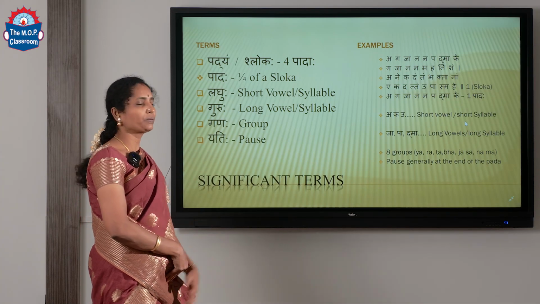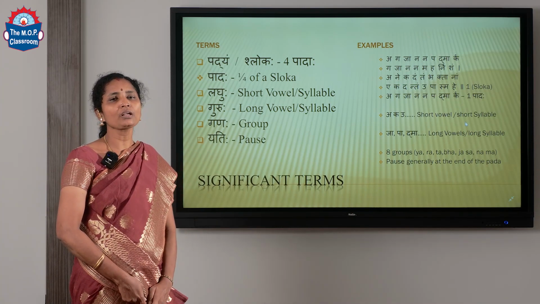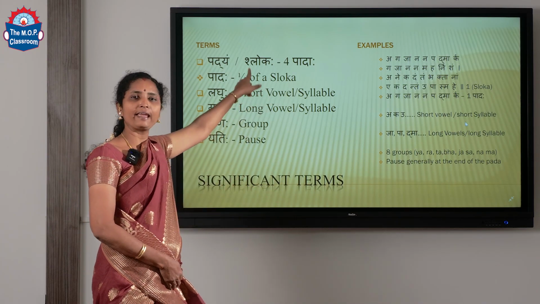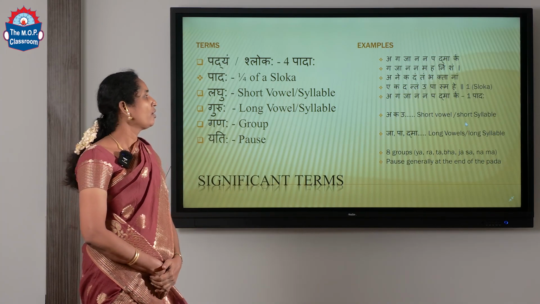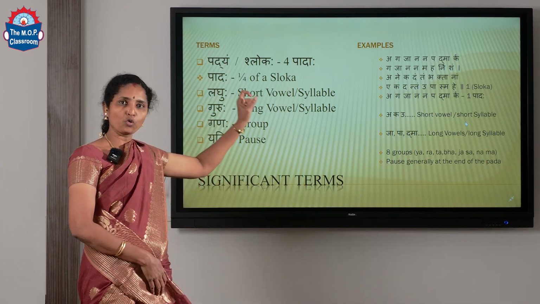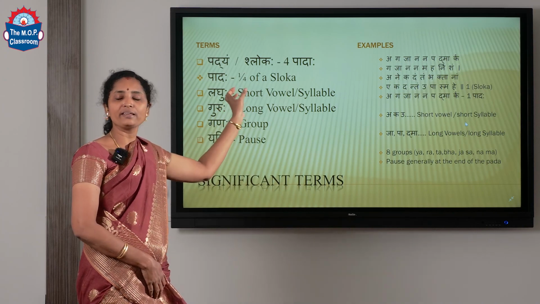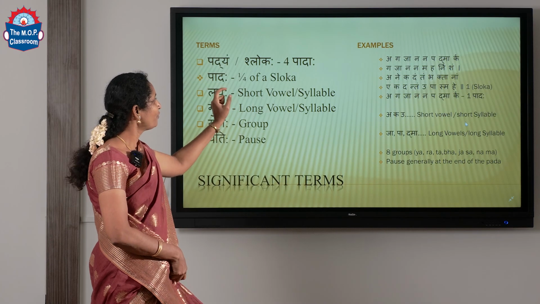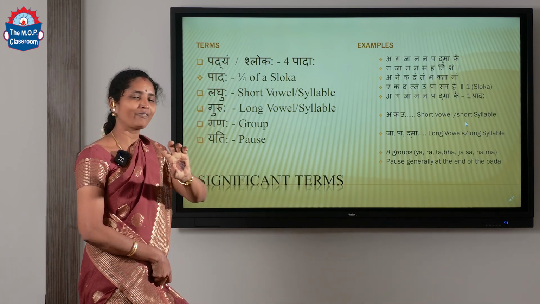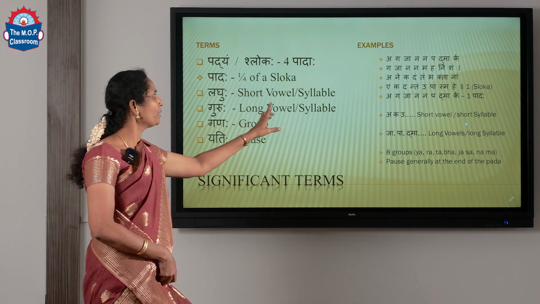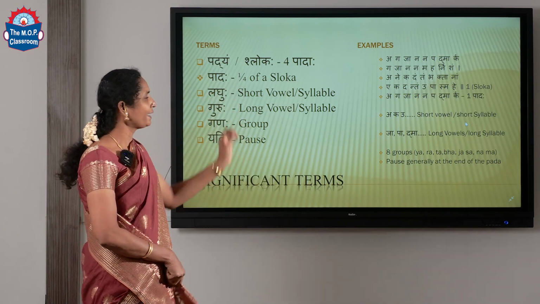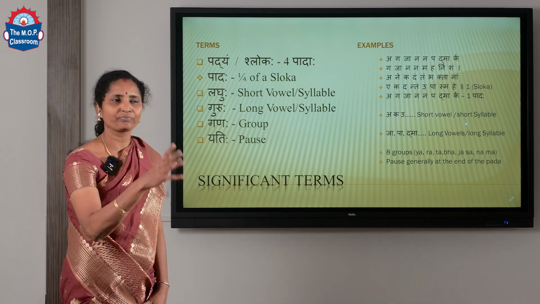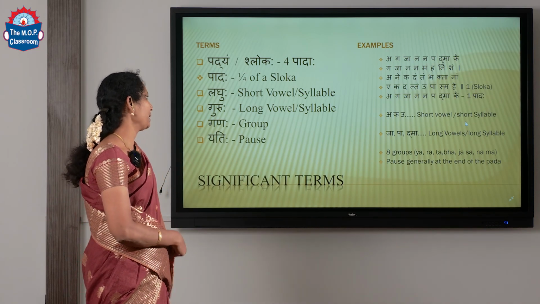And then group, Ganaha. If you see that shloka, every pada has 8 syllables. If you have to group it, each group consists of 3 syllables. So Agaja will be one group, Nana Pa will be the other group. Like that, 3 syllables together we form the grouping.